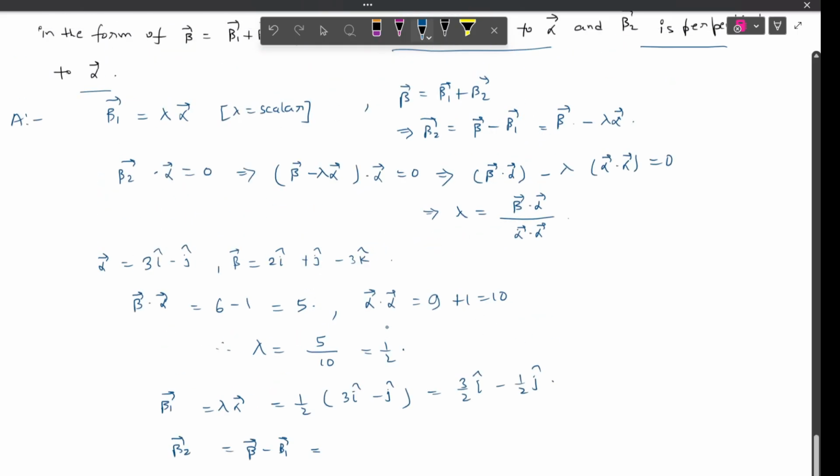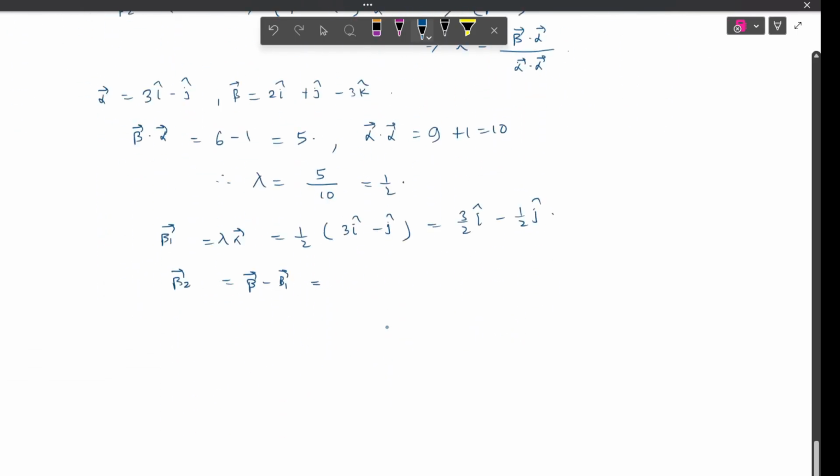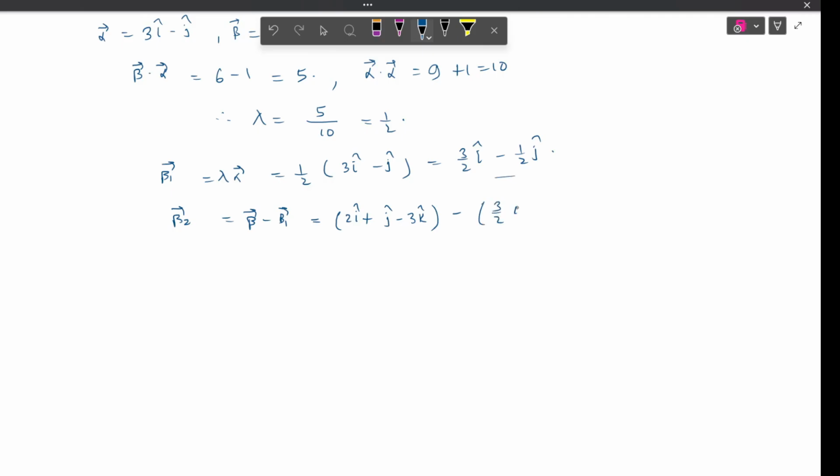Beta 2 is 2 i cap plus j cap minus 3 k cap. And beta 1, we have just found out, is 3 by 2 i cap minus half j cap, right?